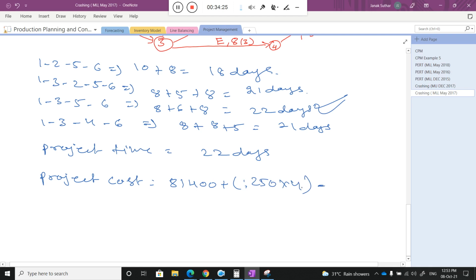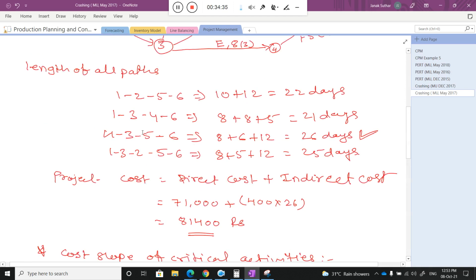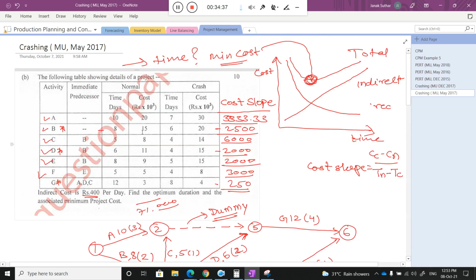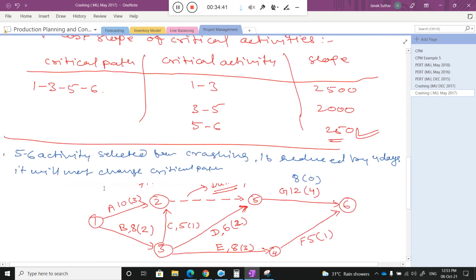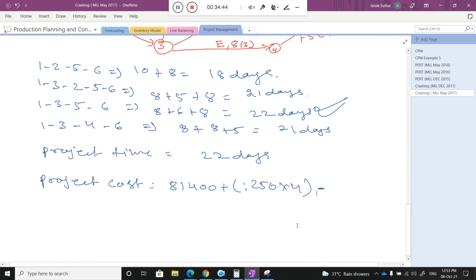This is related to direct cost. Now the next point, what will be the impact on indirect cost? Earlier I calculated with 26 days, and now the per day indirect cost is 400 rupees, and I reduce the project by 4 days. So what will be the indirect cost reduction?